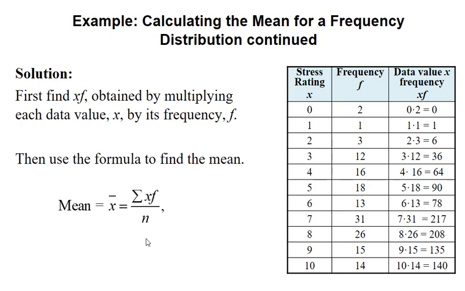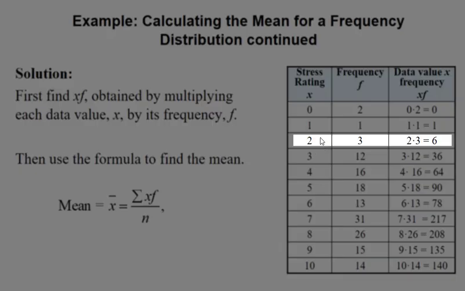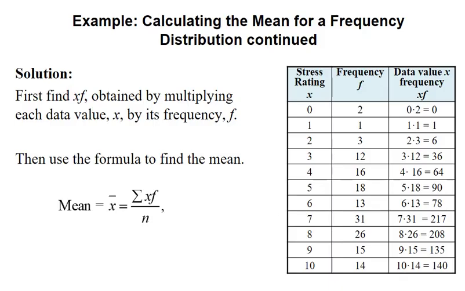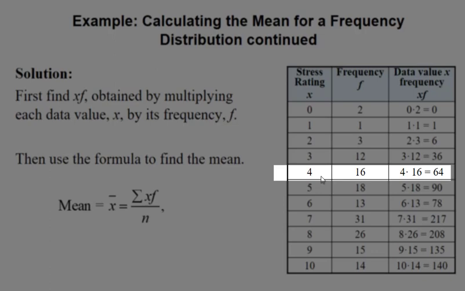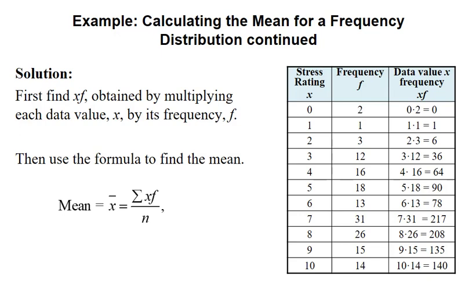If 3 students said their stress level was a 2, that would be 2 plus 2 plus 2, which is 6. If 16 students said their stress level was 4, that would be 4 plus 4 plus 4, and so on, for 16 students.